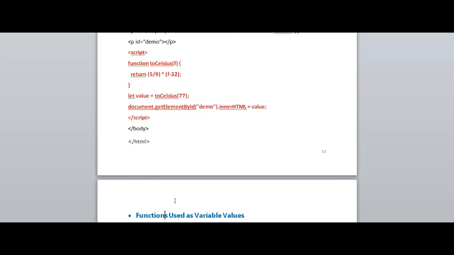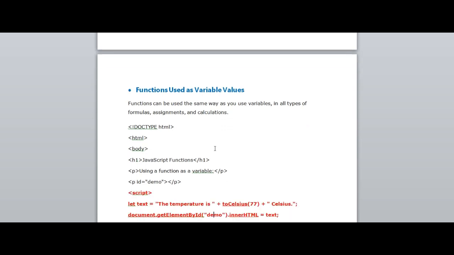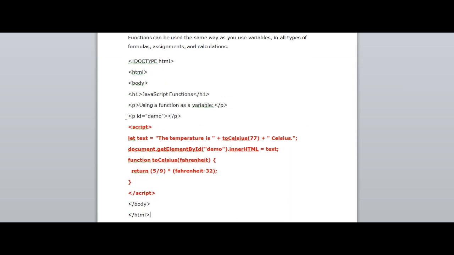So let's make progress. Now, functions are used as variable values. What does that mean? Functions can be used the same way you use variables in all types of formulas, assignments, and calculations. Now let's go down. Okay, so what is the script? Let text equal to the temperature is, plus toCelsius. Now, toCelsius is supposed to be a function, but here it is used as a variable.